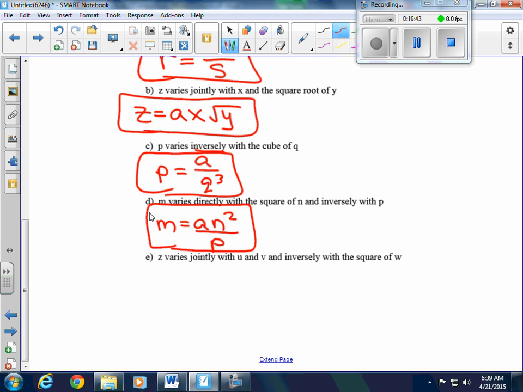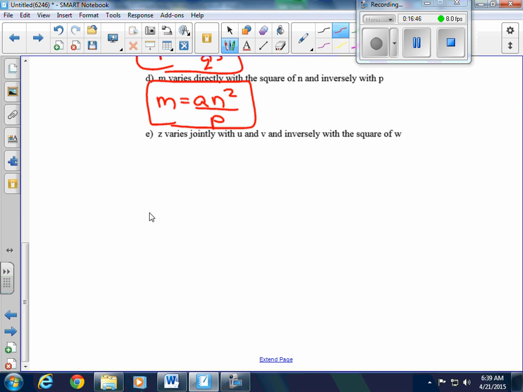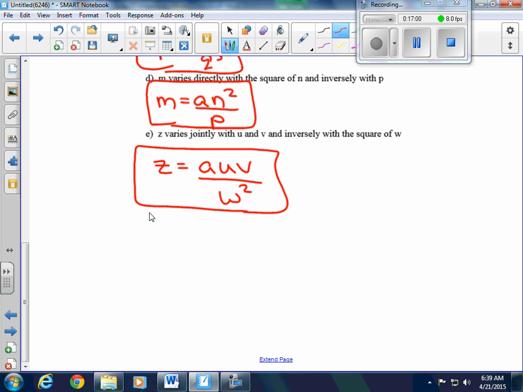And Z says, again, Z varies jointly, so we're going to multiply those. So jointly with U and V, and then inversely with the square of W. So that's how we write those inverse variations, direct variations, and joint variations.